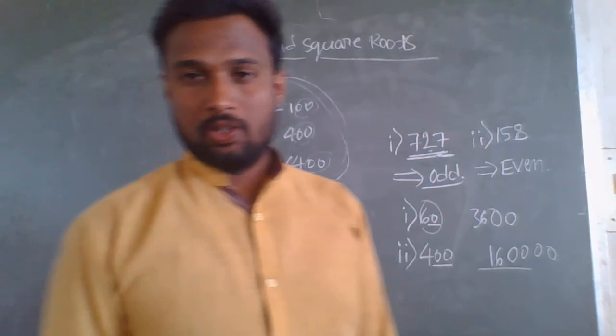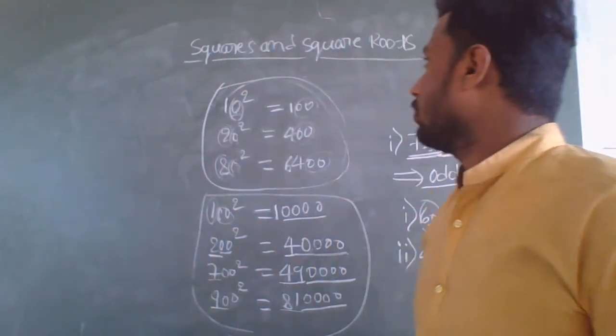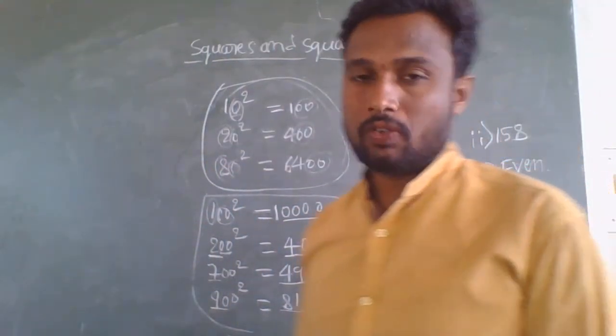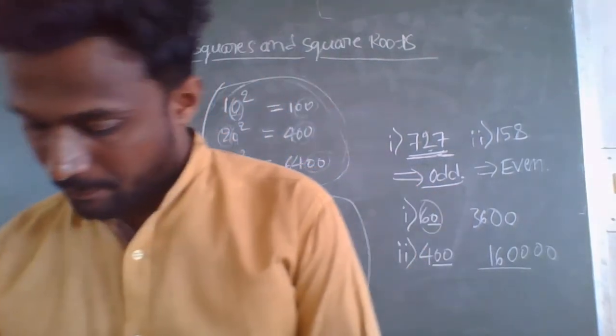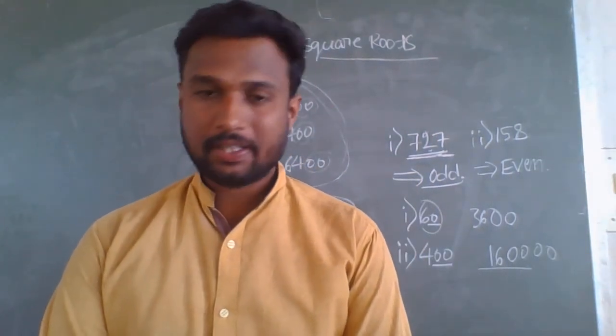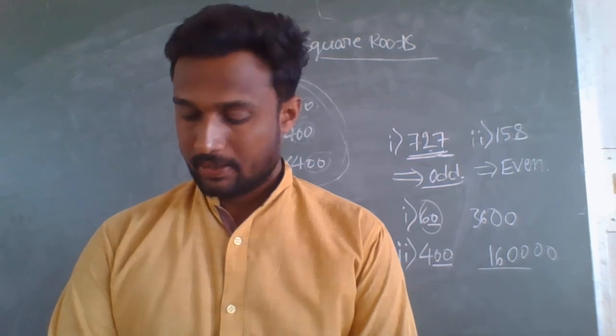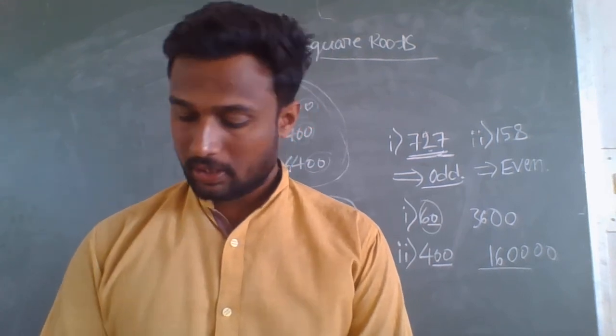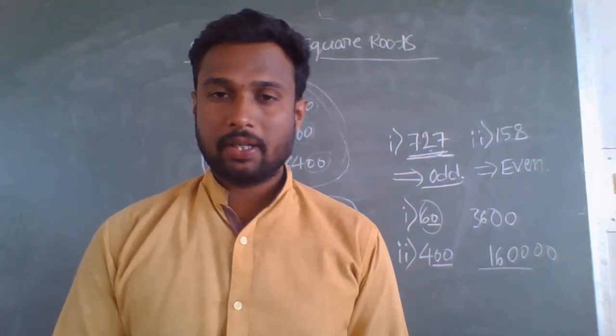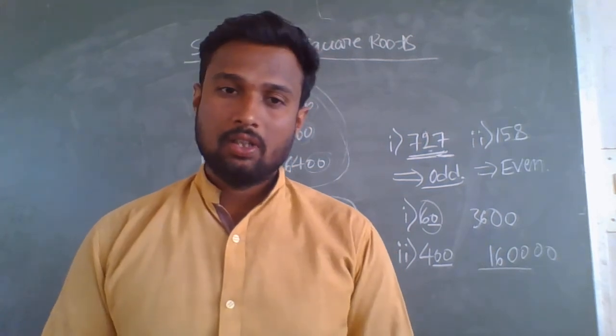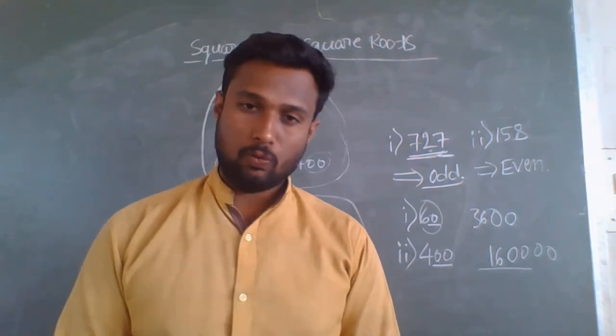I hope you are clear with this concept of squares and square roots that we discussed today. Square numbers ending with digit 1: when the number ends with 1 or 9, the square number always ends with 1.